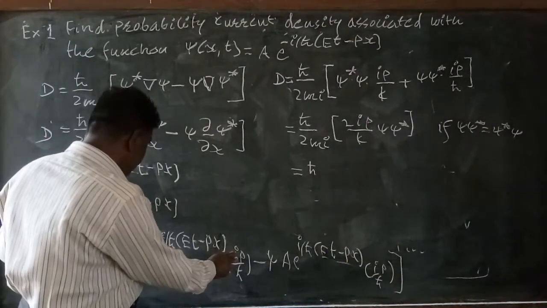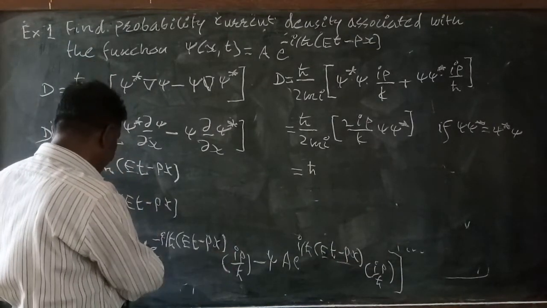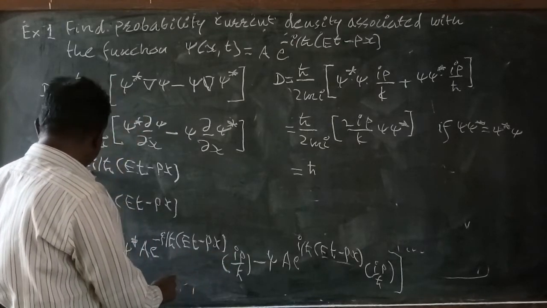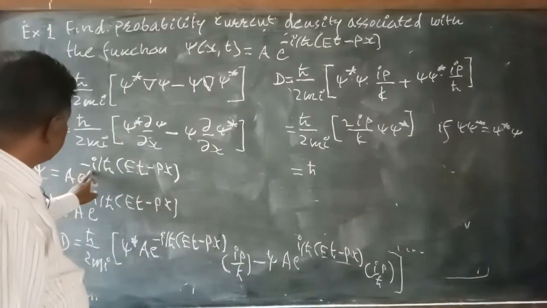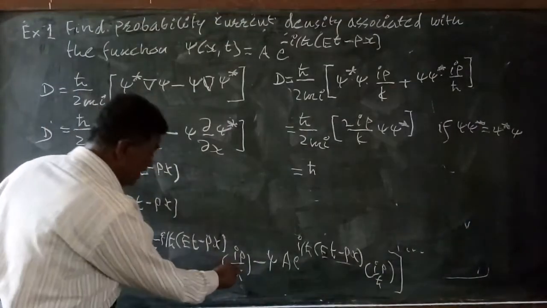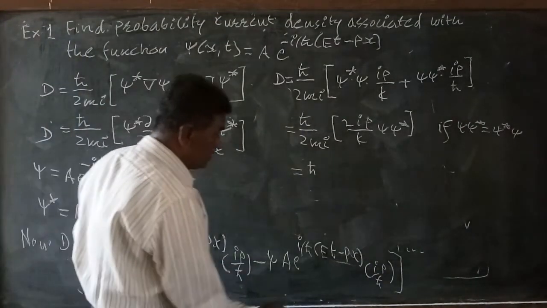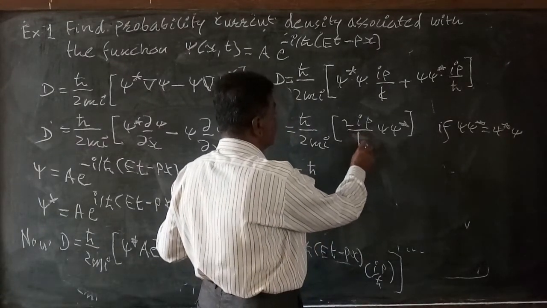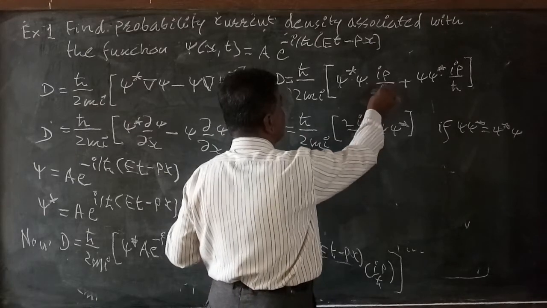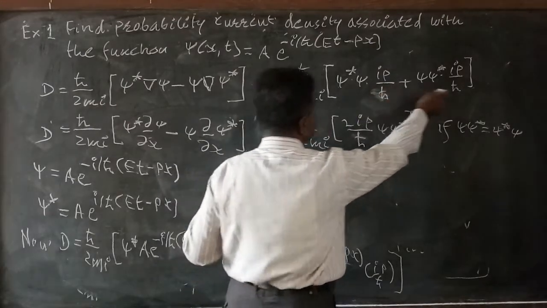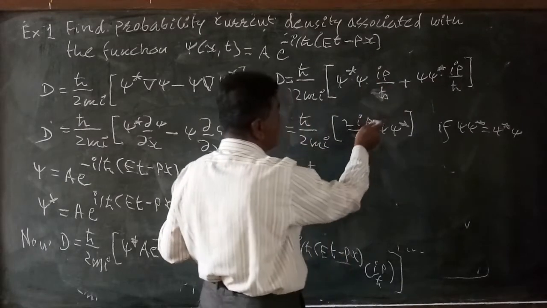Here we will get the differentiation, minus plus ip divided by h cut, h cut not k, this is also h cut. So we are getting twice h cut, means 2 times ip by h cut.